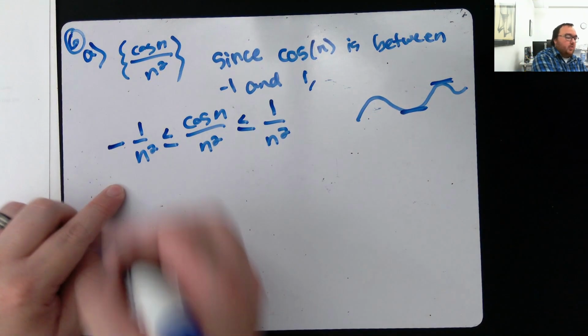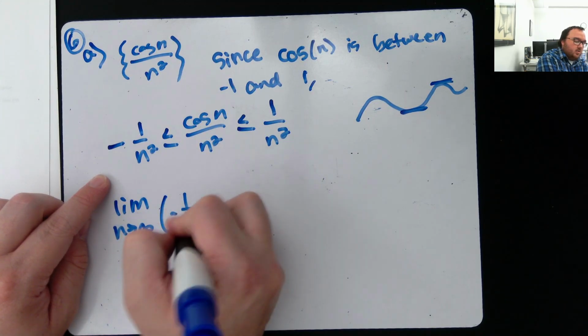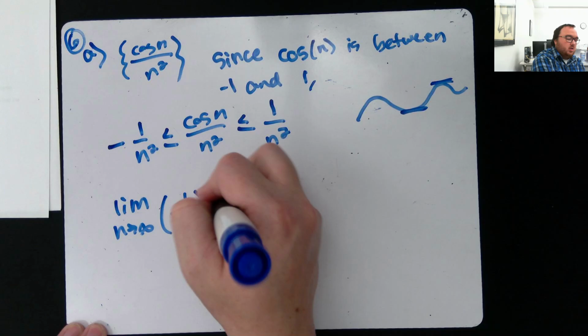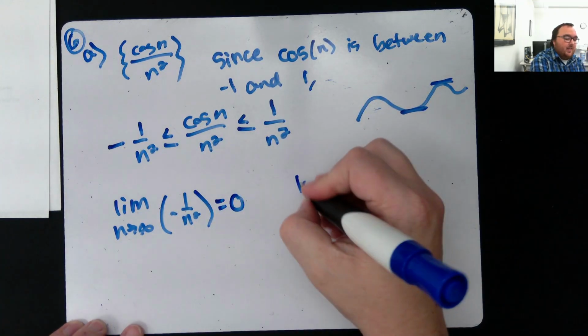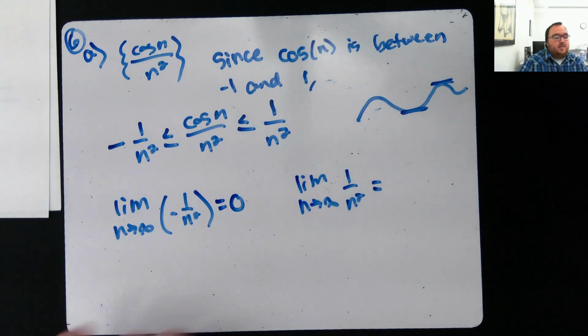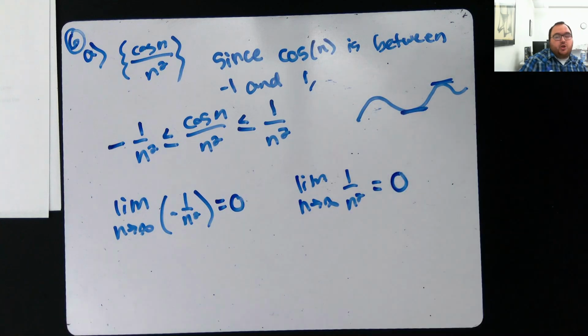Well, notice here the limit of the smaller one, n gets really big, the whole thing gets really small, 0. And then the limit of the larger one, once again, the bottom gets really big, so the whole thing is really small, 0 there too.